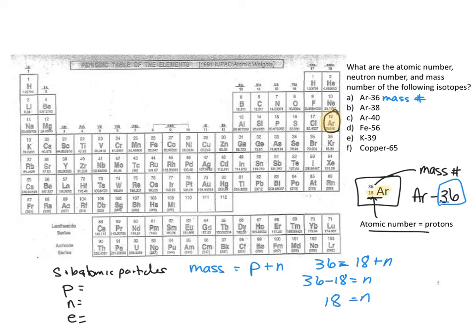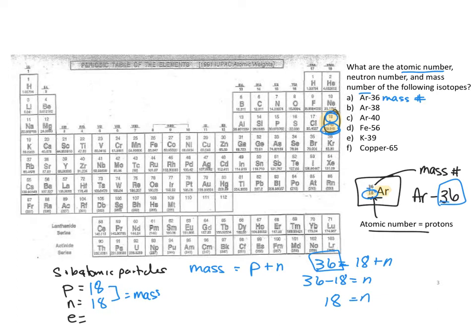And so it's asking for atomic number, which is the number of protons. So in this case, it'd be 18. The neutron number is 18. And these 2 equal the mass. The mass number here is 36. Now notice 36 is different than the number given here, 39.946.